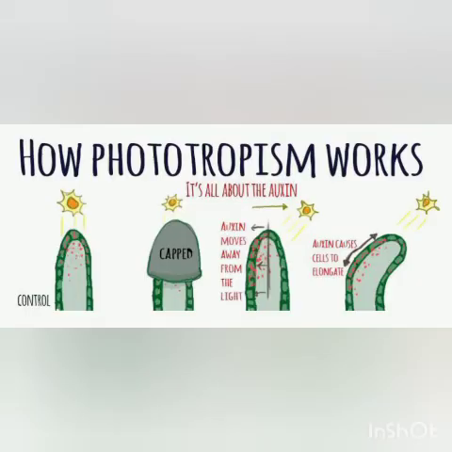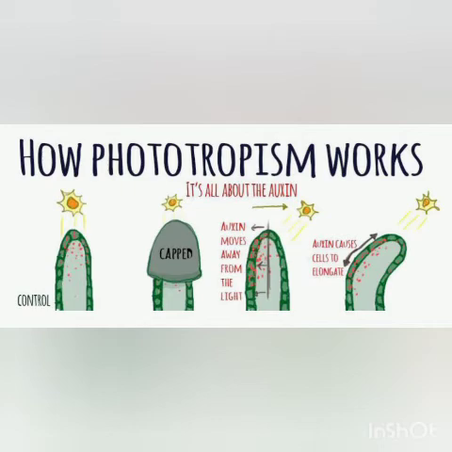Now how phototropism works. I told you about phytohormones. There are different types of phytohormones with different functions. There is one phytohormone which is called auxin. This auxin helps in the growth of the shoot. But how?